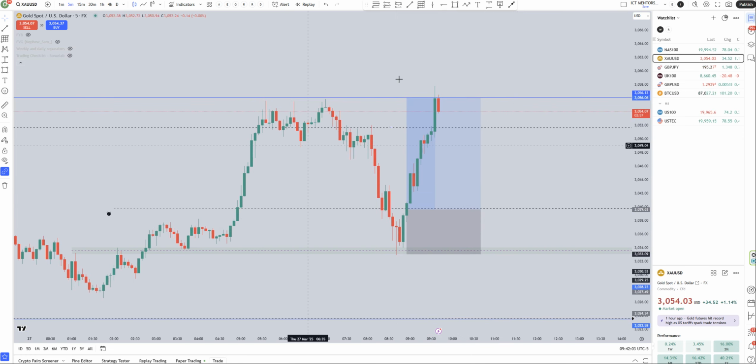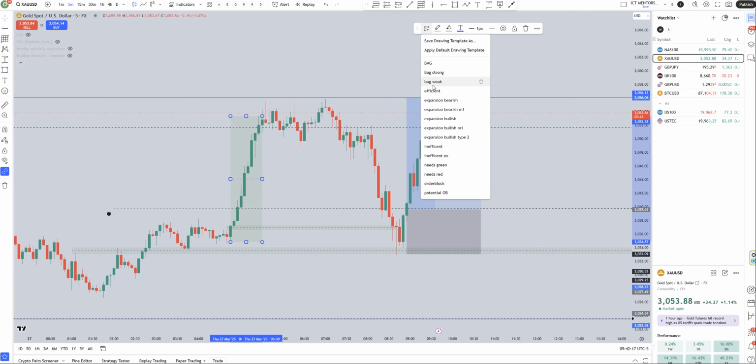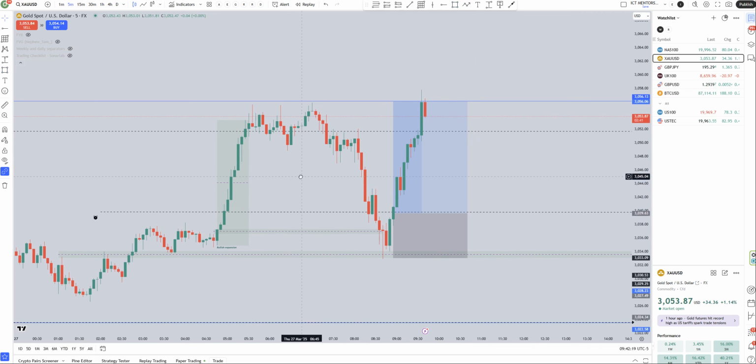This was a bag under 5 minutes in this instance. Expansion. This is gold. Expands. Bullish expansion. I would show you. I'm starting from 5 minutes, but we'll go to the 1 hour.